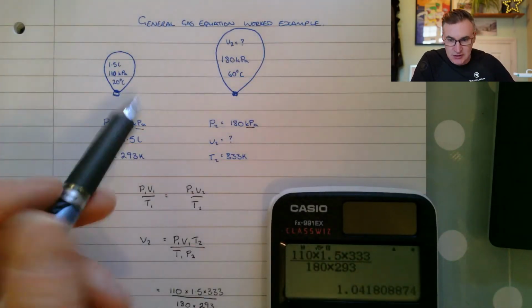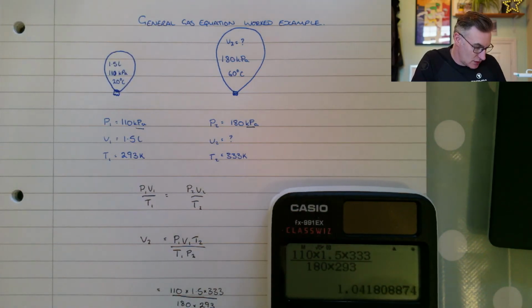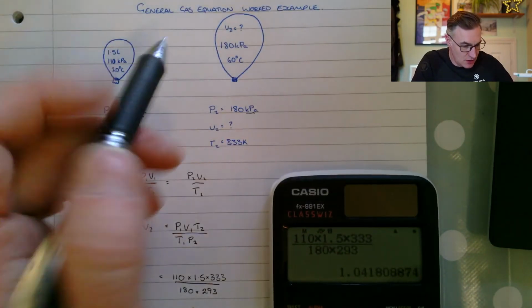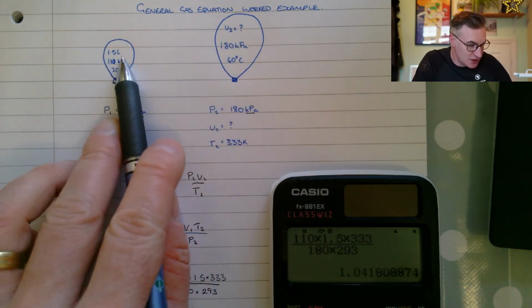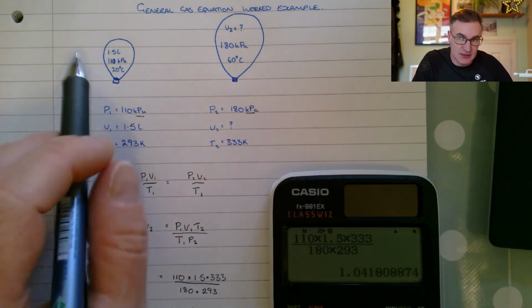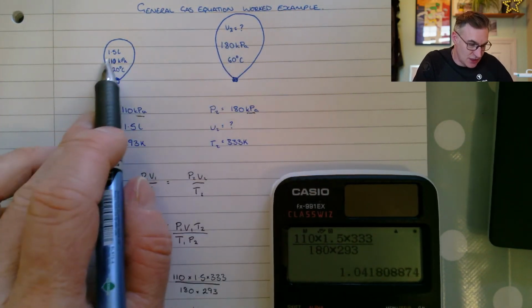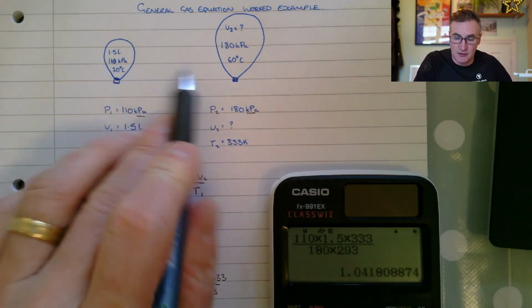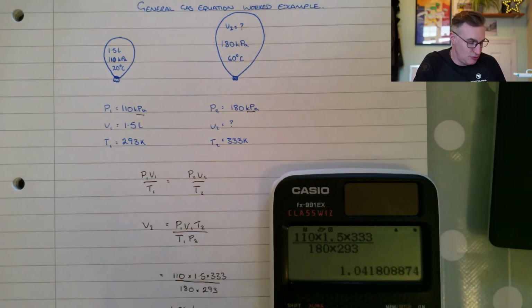So despite what my diagram is saying, it's not getting bigger at all, it's going to get smaller in volume. Which is okay, because the increase in pressure is greater than the relative increase in temperature. This is the percentage increase of pressure being greater than the percentage increase of temperature, and so we're having a reduction in volume to meet that, and that's fine.